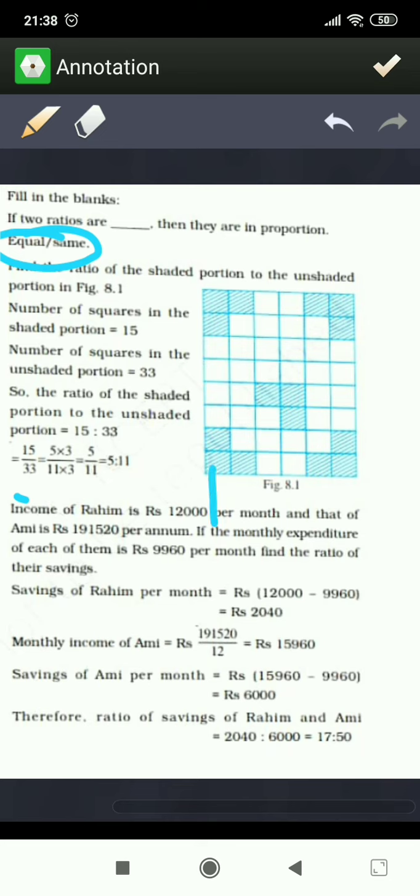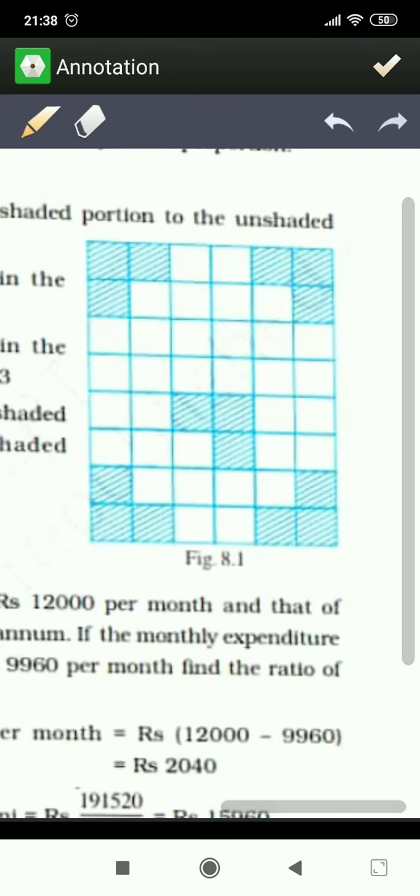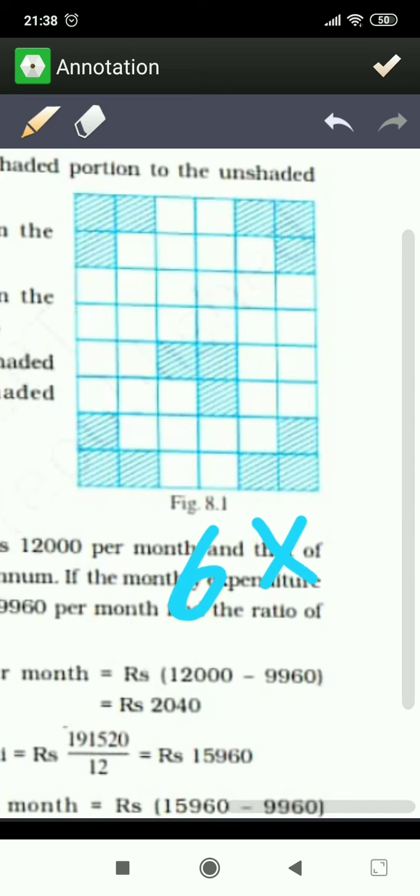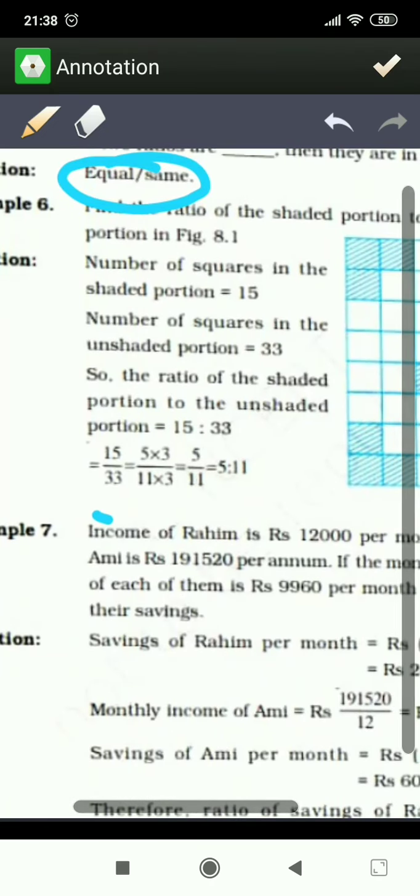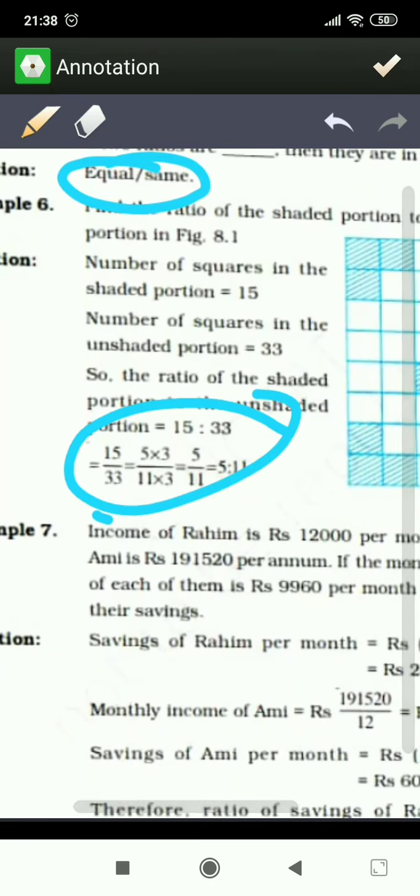I kept them in this manner: 1, 2, 3, 4, 5, 6. 6 into 8, this is the 6 into 8 square. Always we will write 6 into 8 like that. The number of shaded portions, unshaded portions, ratios we have discussed here.